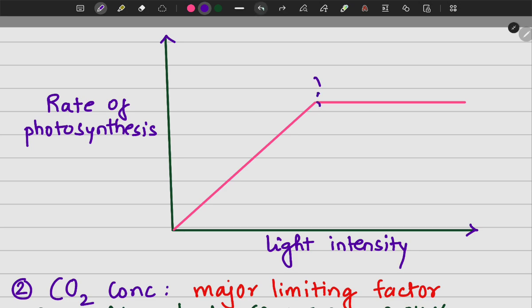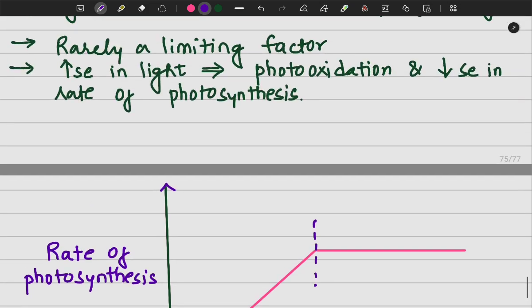Then beyond that point, if we still keep on increasing the intensity, then the rate of photosynthesis will become constant after some time. So this is how the intensity of the light affects the rate of photosynthesis. And now some other factor will become the limiting factor.